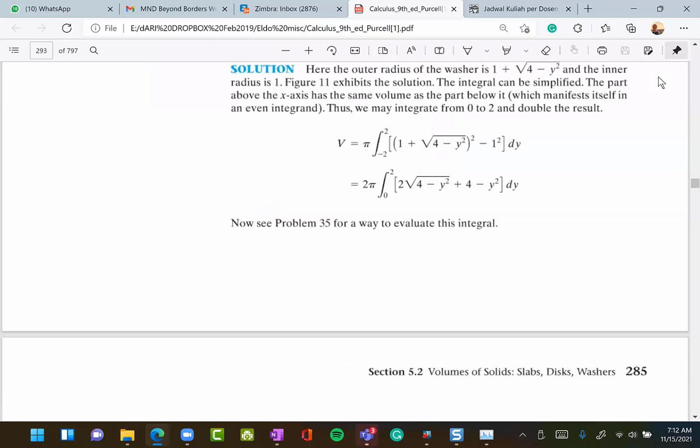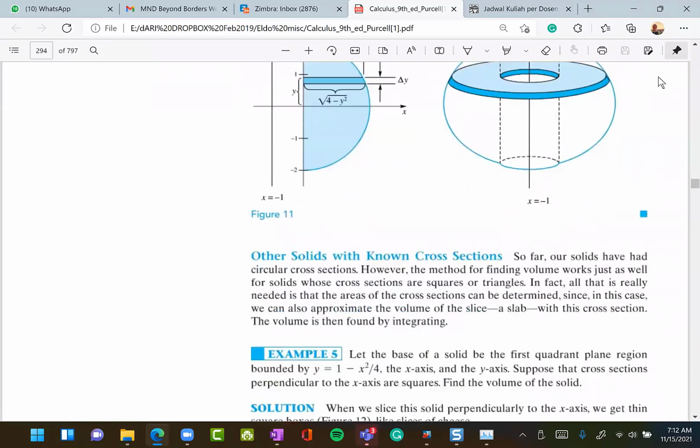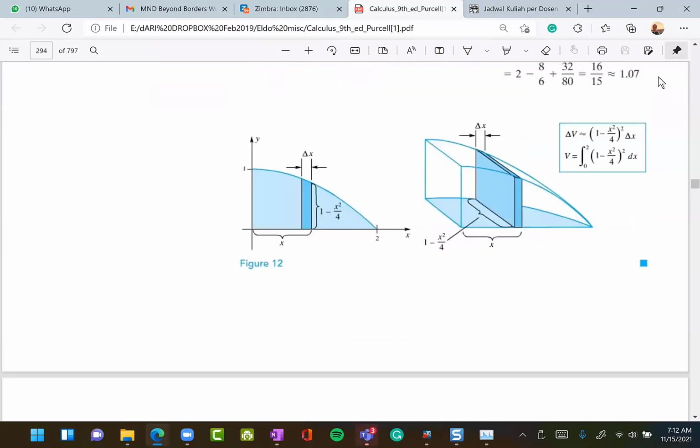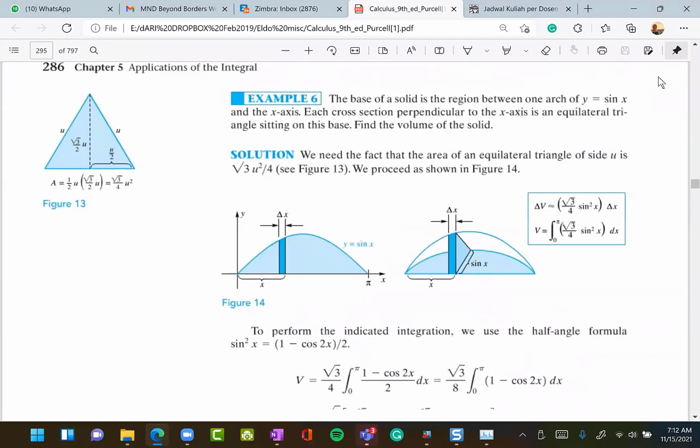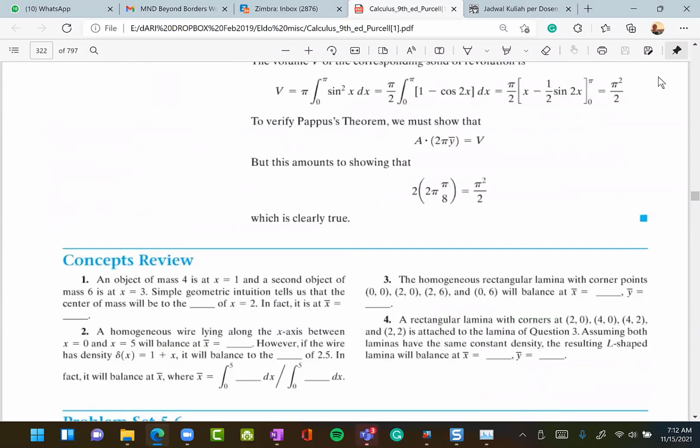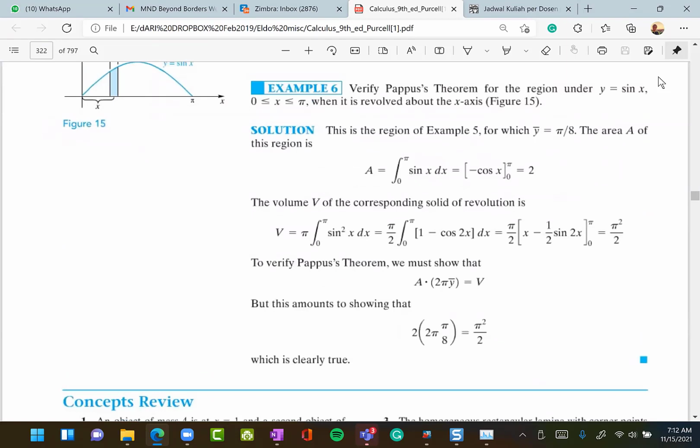So let's continue with other example applications. We skipped surface area.